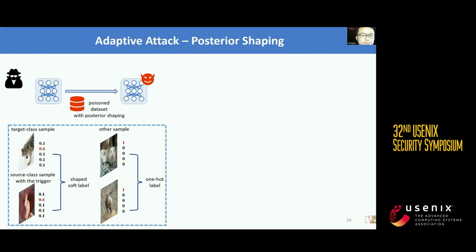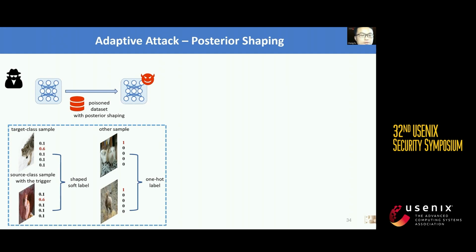One of the adaptive attacks is posterior shaping. As mentioned in the beginning, FreeEagle is based on the intuition that for a Trojan model, the output posterior on the target class has the tendency to be higher than the posteriors on the non-target classes.